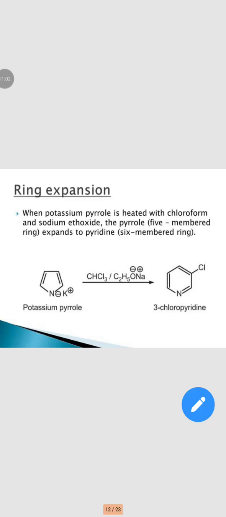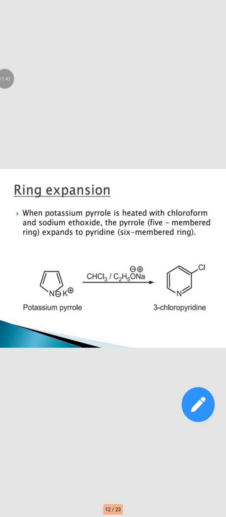Then ring expansion. When potassium pyrrole is heated with chloroform and sodium ethoxide, the pyrrole expands to pyridine. The 5-membered pyrrole expands to form a 6-membered ring known as pyridine. In potassium pyrrole, the H is replaced with the potassium ion K+.